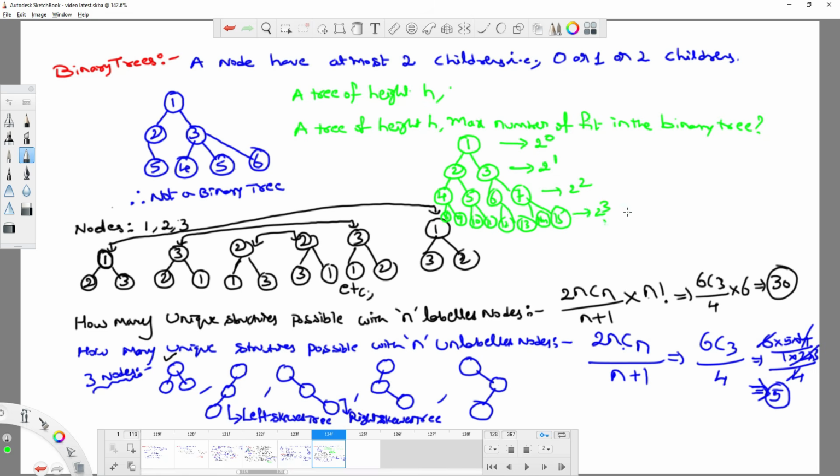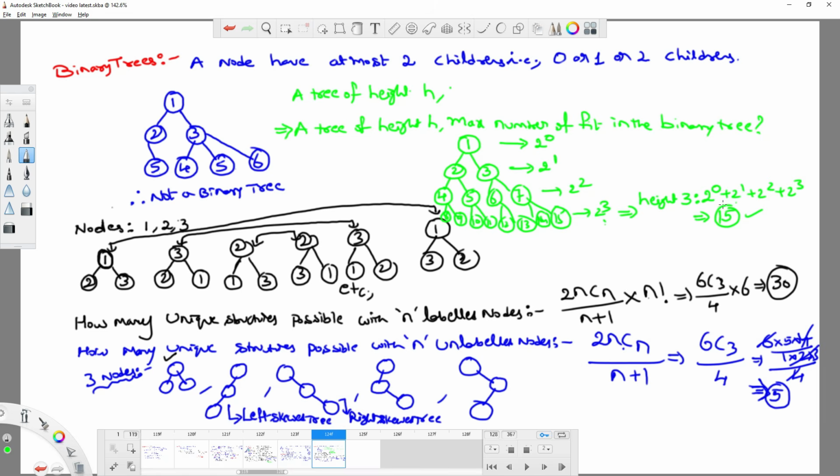So for example, for a tree of height 3, maximum number of nodes are possible how many? Earlier levels, 2 power 0, 2 power 1, 2 square plus 2 cube. What is the value you are going to get? 15. So here the question is, for a tree of height h, maximum number of nodes fit in a binary tree.